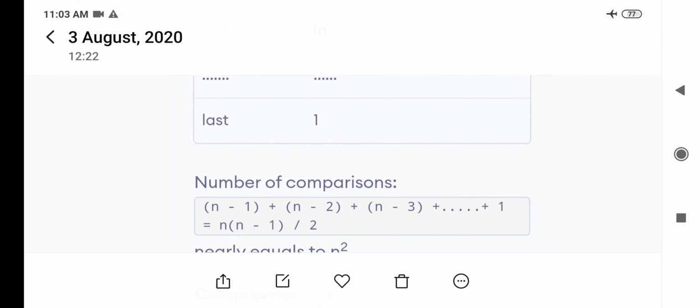Okay, this is about bubble sort. So one more time, bubble sort is the simplest sorting algorithm, and this is also called an adjacent elements comparison based algorithm. It is very simple, and it is suitable only for an array that consists of a small number of elements, and this is not suitable for an array containing a huge number of elements.